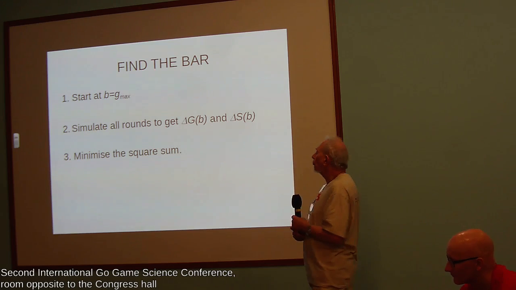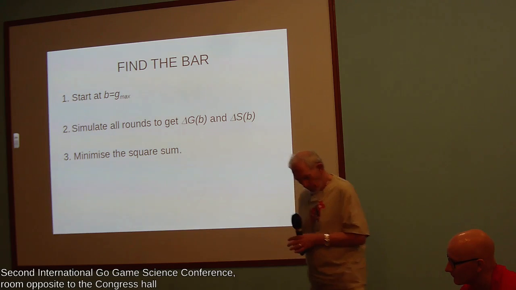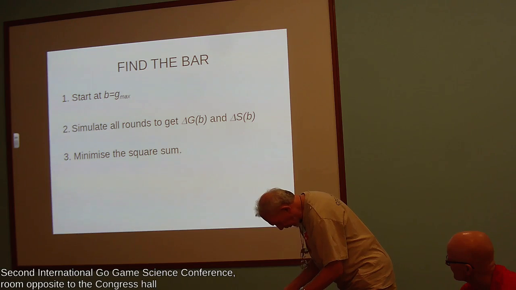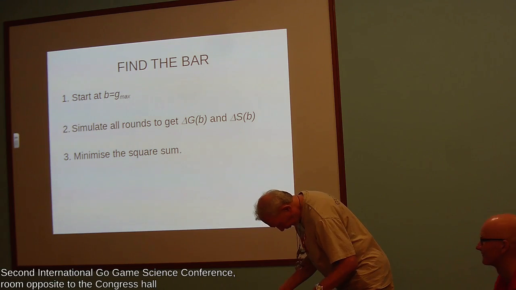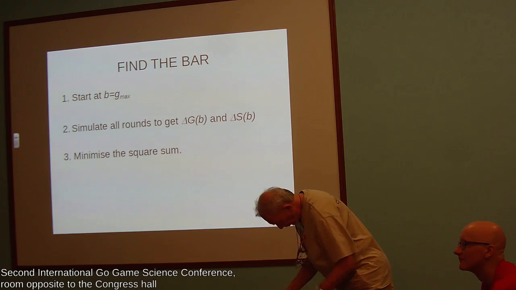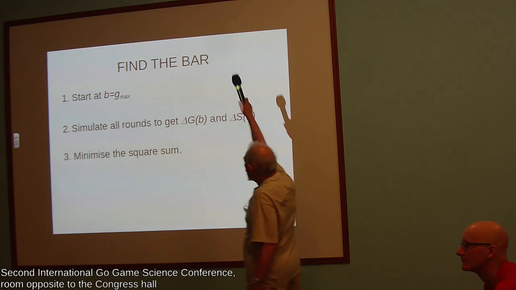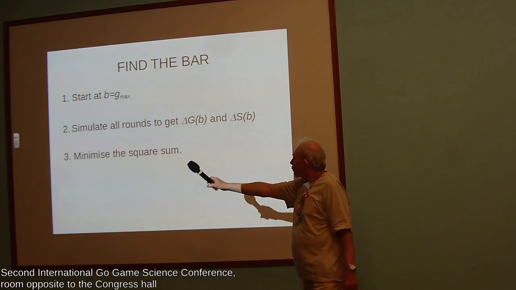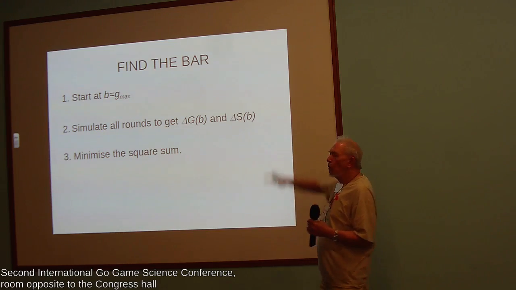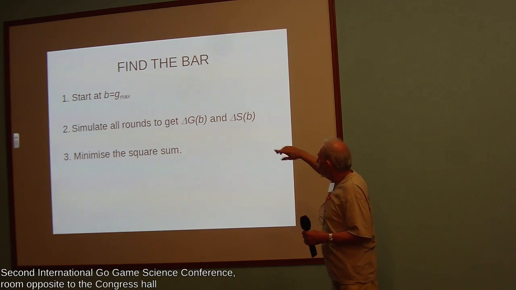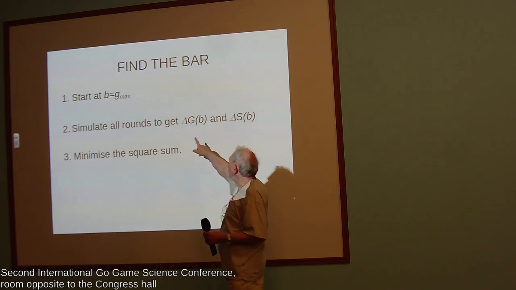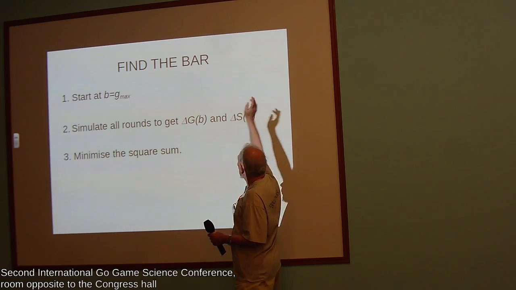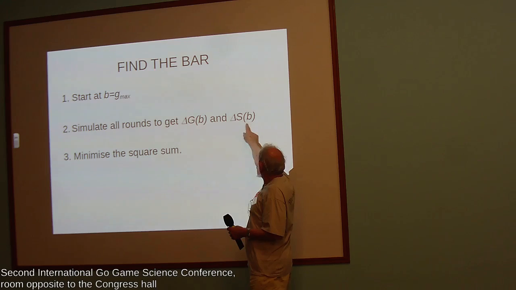So how to find the bar? Start at a bar at maximum grade. Simulate all the rounds. We can then work out the opponent grade difference at that bar and the score difference at that bar.